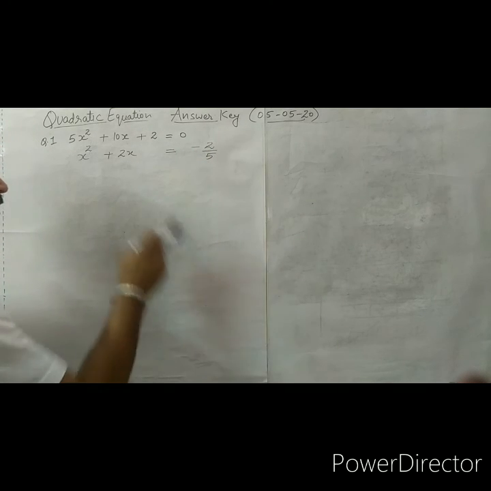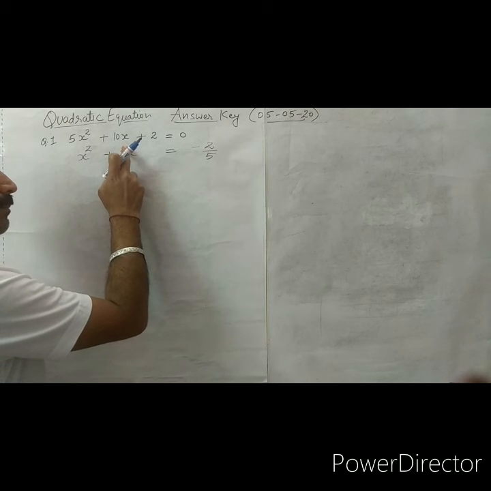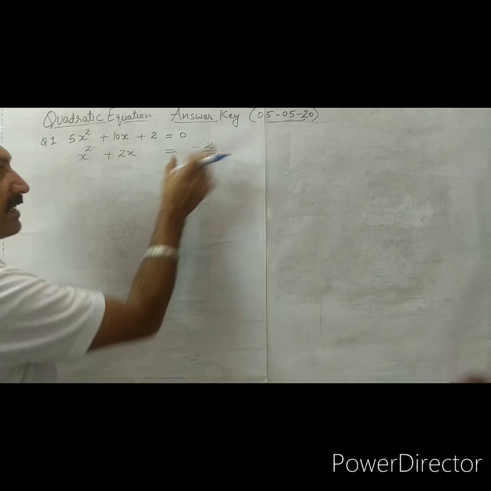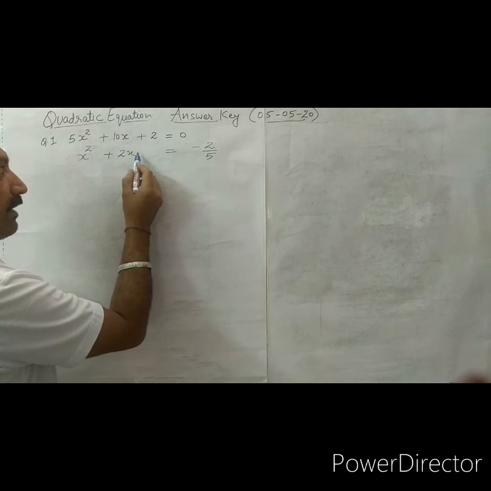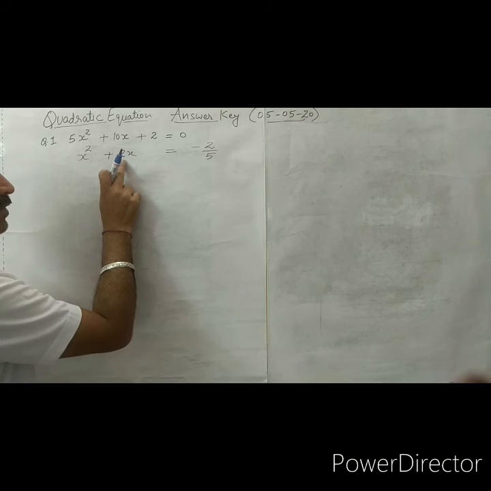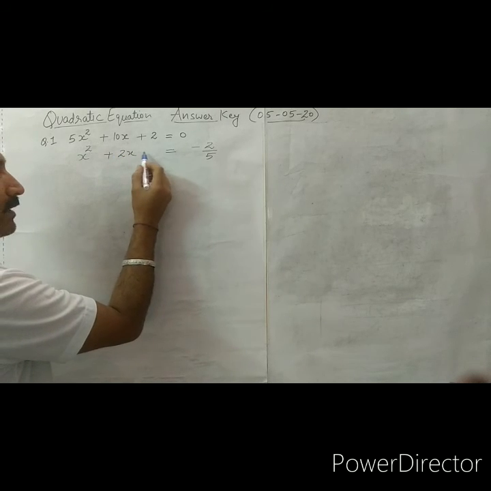Now here we know this is in the form of b upon a. So here we will complete the square, and the coefficient of x is 2. When we divide this 2 by 2, we get 1.